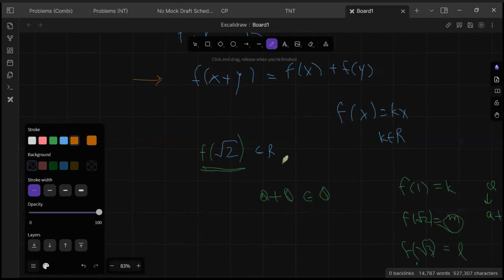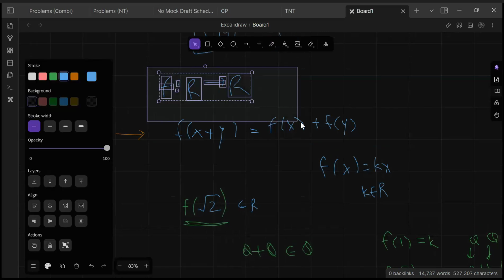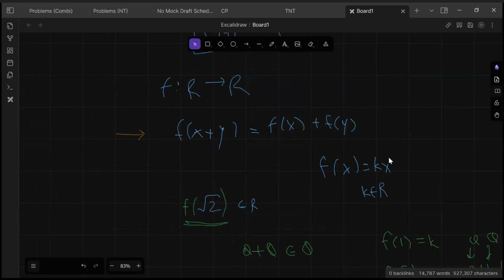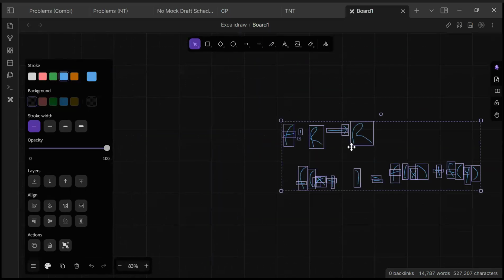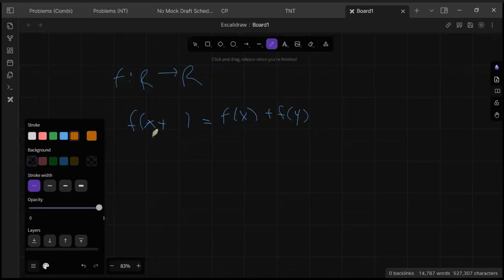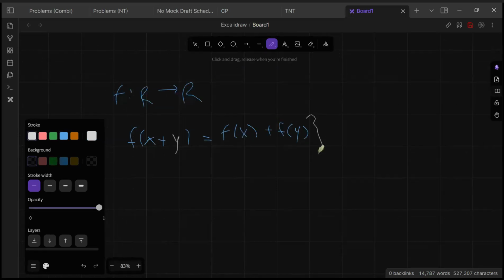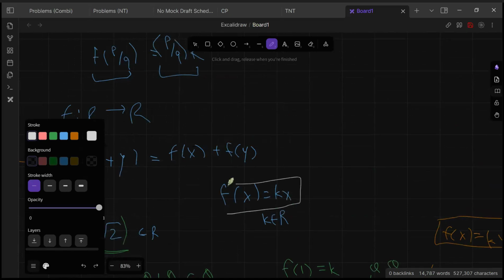But fortunately for us, I will not prove this here because we have barely any time. What we have fortunately is that if we are given specific conditions on f beforehand, in addition to this, then we can say that f of x is always going to be kx.